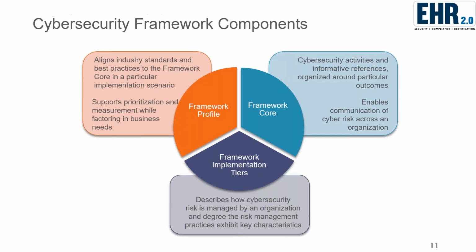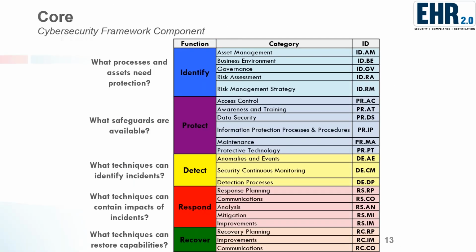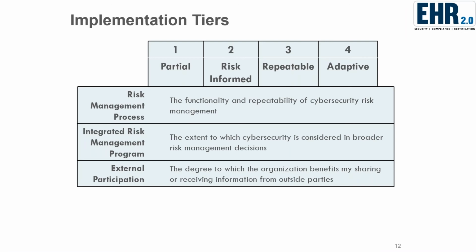And then the last one is the framework profile. When I do the demo, I will show you how the profile works. Essentially, the profile is something that you identify yourself with, with respect to where you are now, whether you are in 1, 2, 3, or 4, and also what your target is.